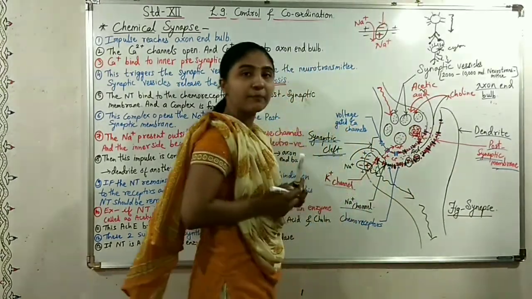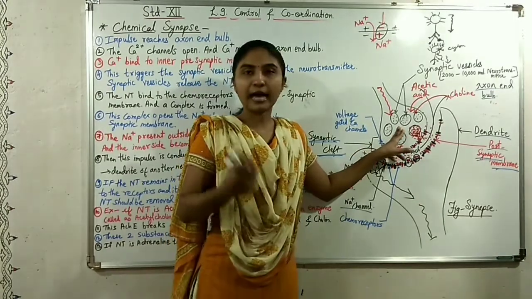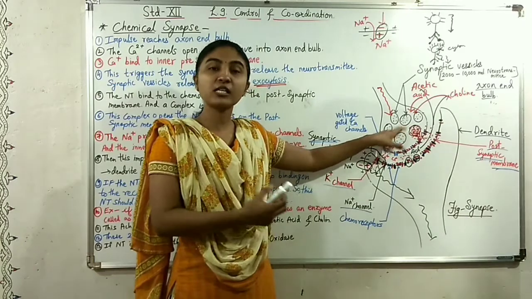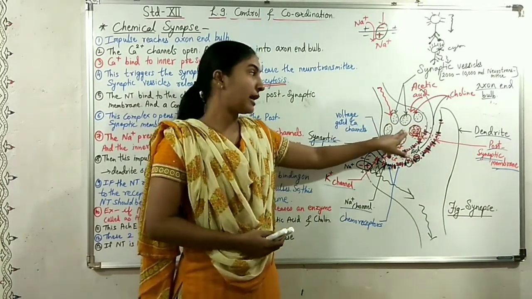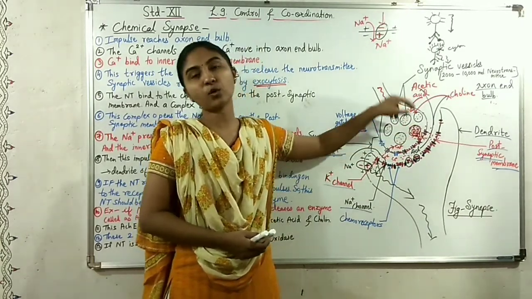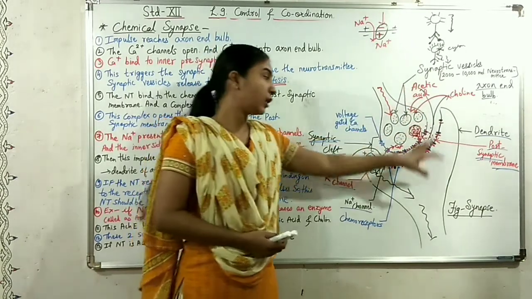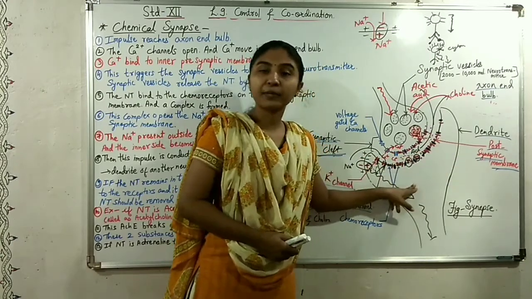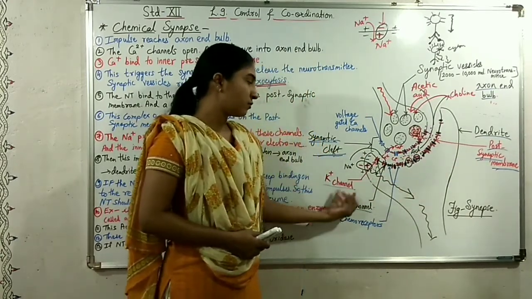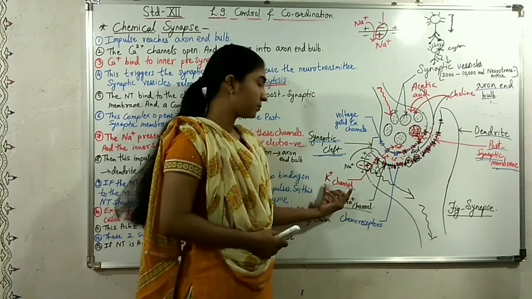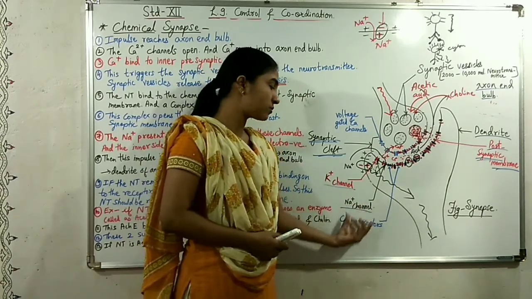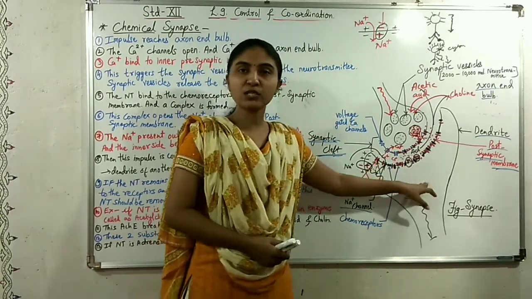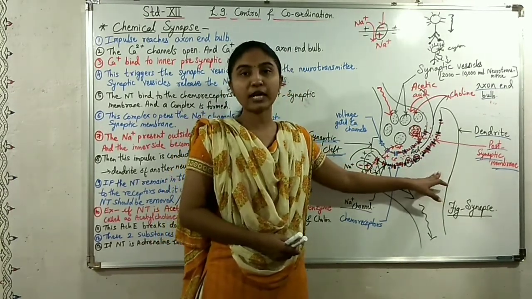As we said, the axon end bulb has the vesicles which contain the neurotransmitters, and these neurotransmitters are present only in the axon end bulb. They are not present in the dendrite. And on the postsynaptic membrane there are channels: calcium channel, potassium channel, sodium channel, and the receptors. These are the receptors and the ion channels present on the dendrite membrane.